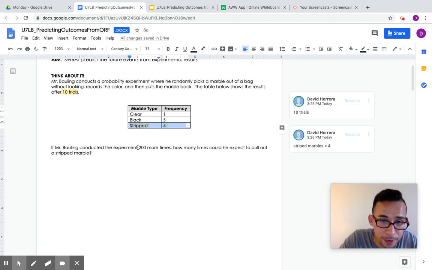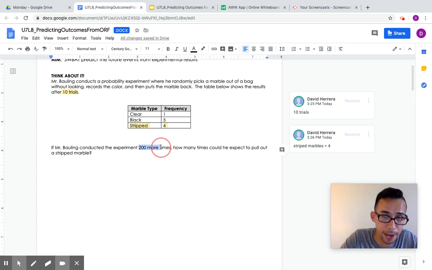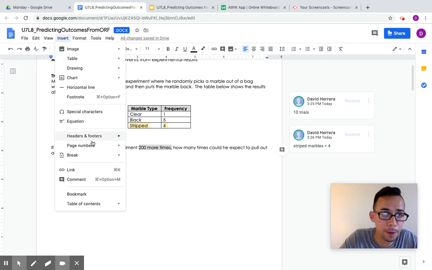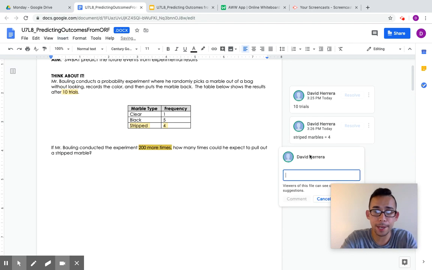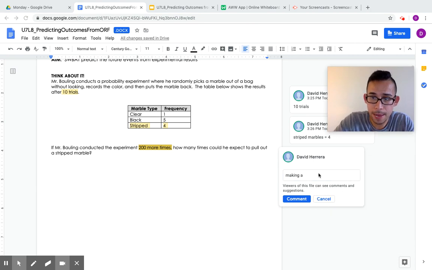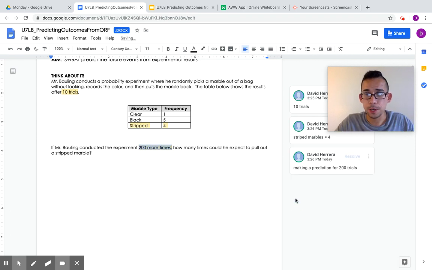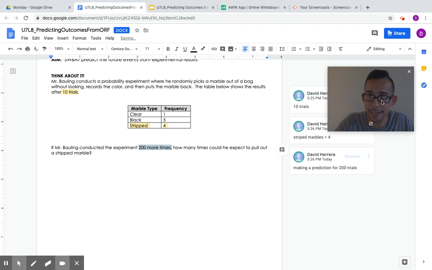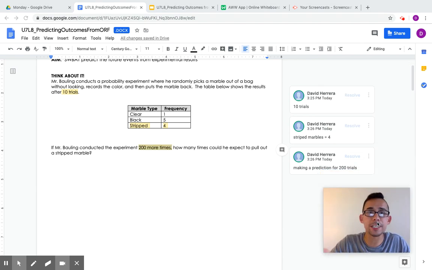And that number is right here. If Mr. Balling conducted the experiment 200 more times, how many times can he expect to pull out a striped marble? Okay, so making a prediction for 200 trials. So now I have the information I need to set up my equation, set up my proportion, and make my prediction.